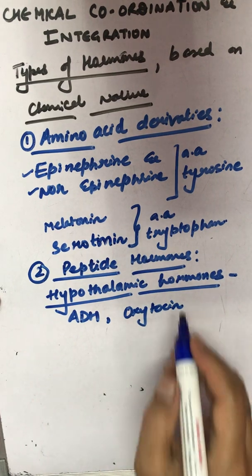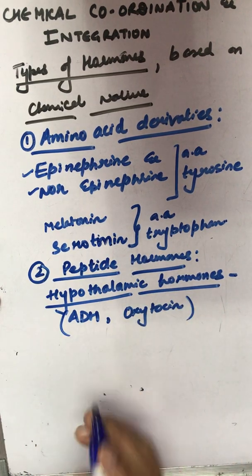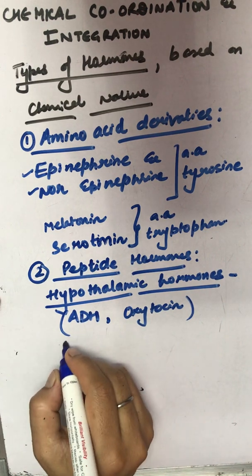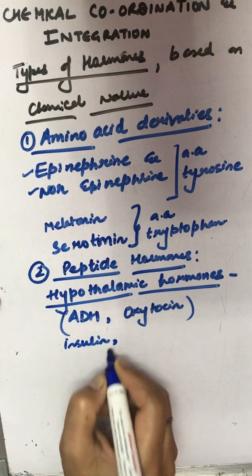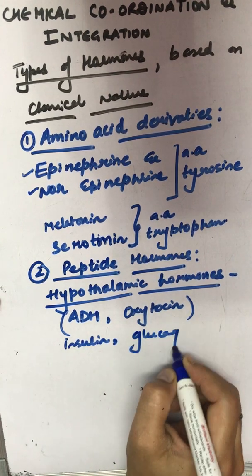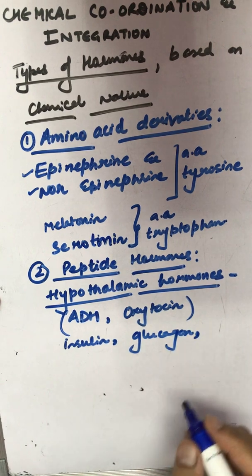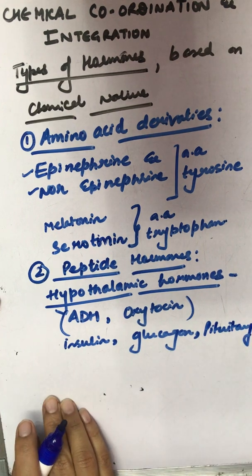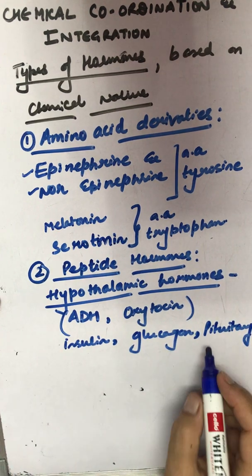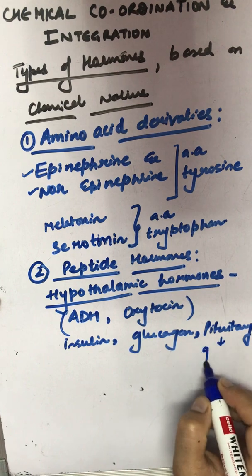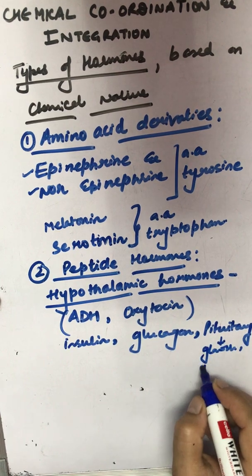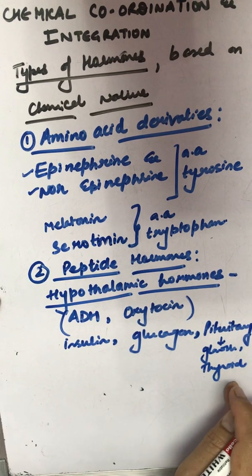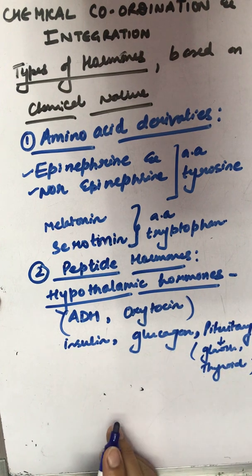Clear? These are proteinaceous peptide hormones, or we can say protein hormones. Then in this category we can easily list insulin, protein based, glucagon, protein based. Then we can say pituitary hormones, which are growth, thyroid. In pituitary, further growth hormone, thyroid stimulating hormone, thyrocalcitonin, parathyroid, they come to this category.